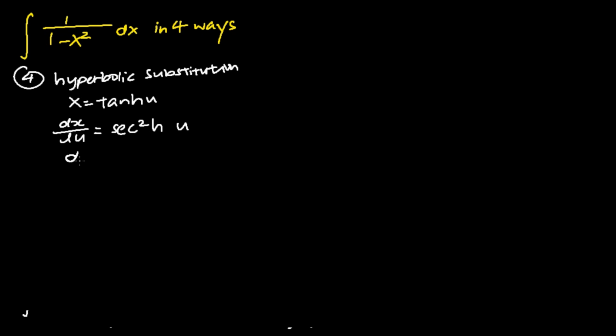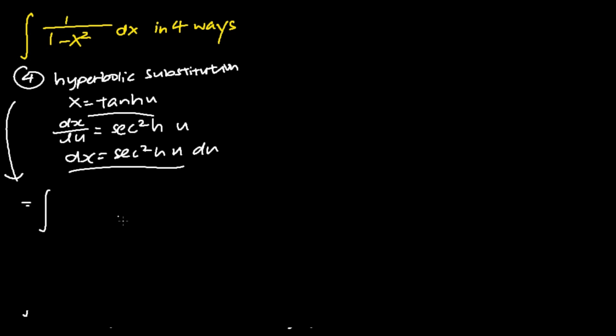So my dx is equal to the hyperbolic secant squared of u du. I substitute them into the integral. I'll get the integral of 1 over 1 minus hyperbolic tangent squared of u, and my dx is hyperbolic secant squared of u du.